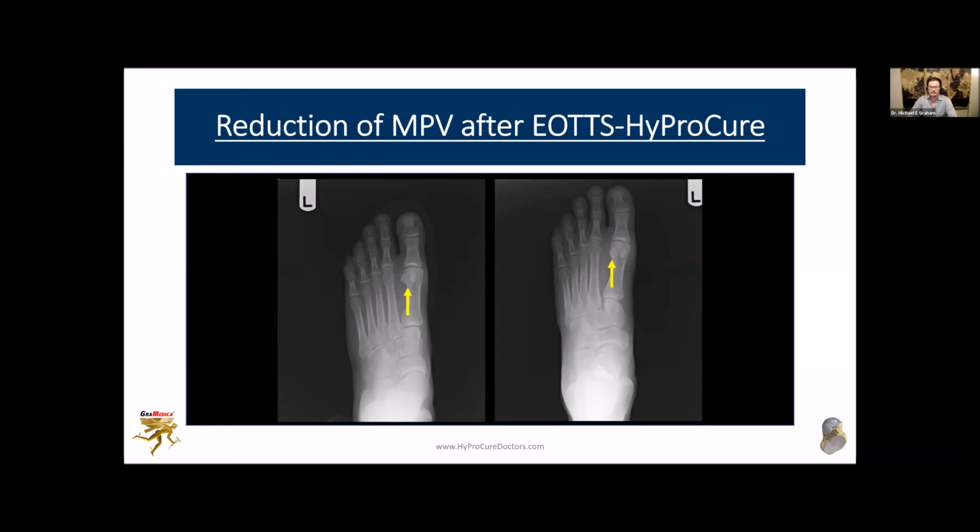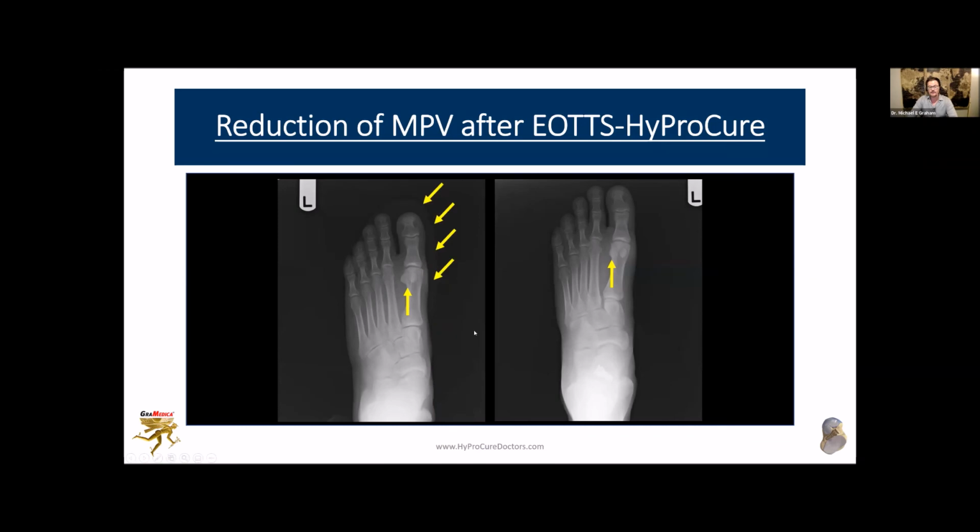I mean, this is absolutely a complete reversal of the metatarsus primus varus without performing any surgery of the first MPJ. So we were able to actually fix this patient's forefoot without doing any surgery at their first MPJ with a 10-minute procedure of inserting HyProCure into their sinus tarsi.